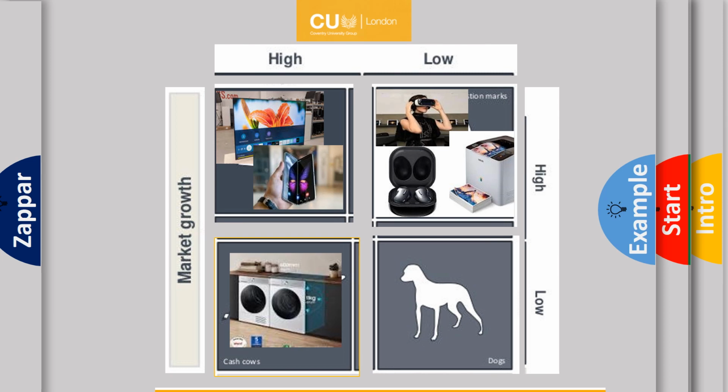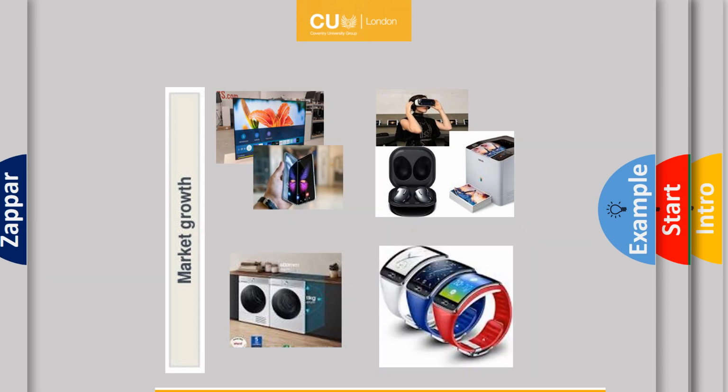If we think about the dog, then what would be a dog for Samsung? Well, a dog for Samsung can be seen with their smart watches, and their smart watches haven't been as successful, even though they are technically advanced, but they've had strong competition from Apple and from other companies.